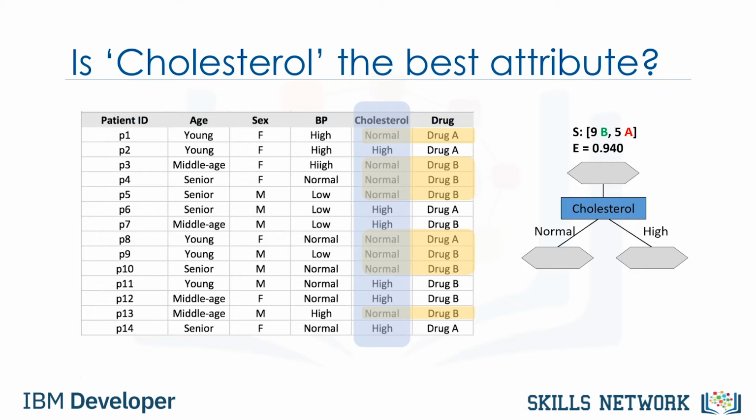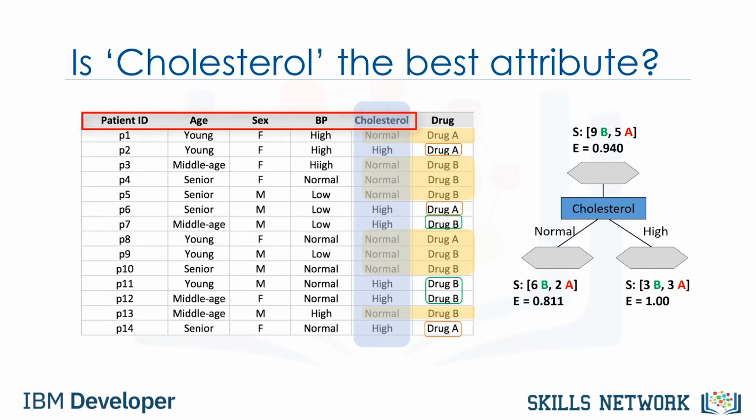For example, when it is normal, we have 6 for drug B and 2 for drug A. We can calculate the entropy of this node based on the distribution of drug A and B, which is 0.8 in this case. But when cholesterol is high, the data is split into 3 for drug B and 3 for drug A. Calculating its entropy, we can see it would be 1.0.